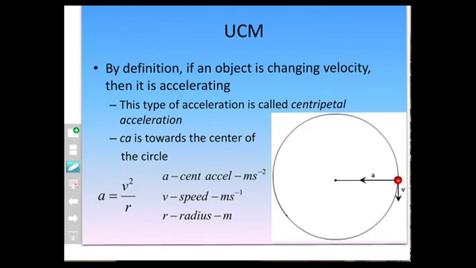Now realize though that even though the speed is uniform, because it's constantly changing direction, the velocity is constantly changing. Because the velocity is constantly changing, that means the object is accelerating.